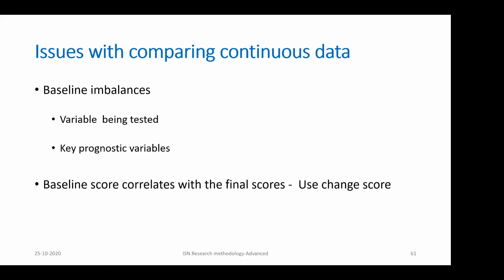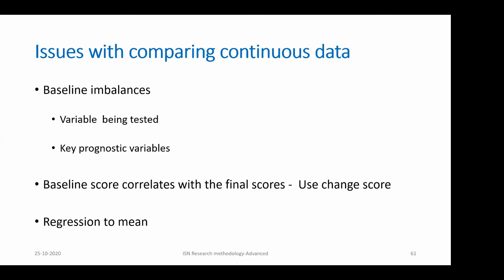In the data which I showed, the correlation coefficient between the entry GFR and the exit GFR was 0.9. Even if baseline imbalances are not there, if the baseline score correlates well with the final score, it is always better to use the change score.